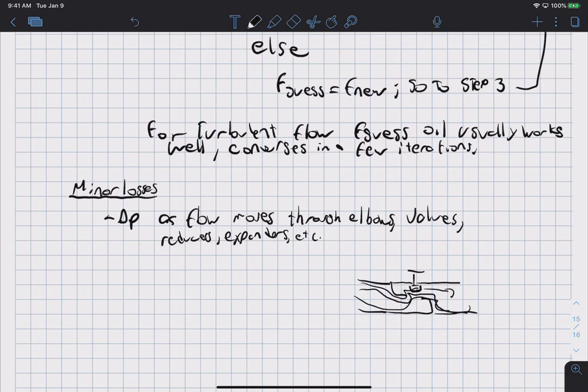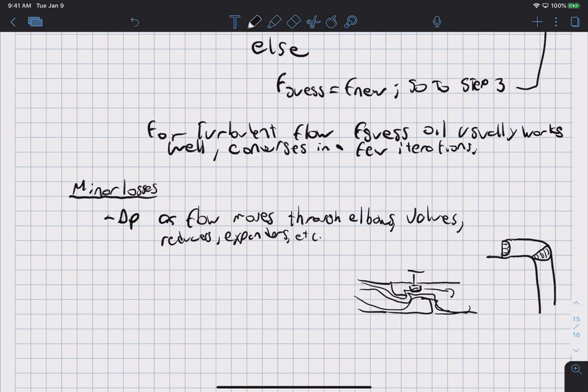And the same thing goes for an elbow. If I have an elbow, which is just a turn in the pipe, well, say the flow is perfectly laminar going in. As the flow goes around the elbow, the velocity profile is actually going to be kind of messed up. It's going to look something more like this, where the peak velocity is closer to the outer wall, and so on this outer wall there's going to be a lot of extra viscous stress, which means there's extra wall shear stress here, which means there's extra pressure drop.